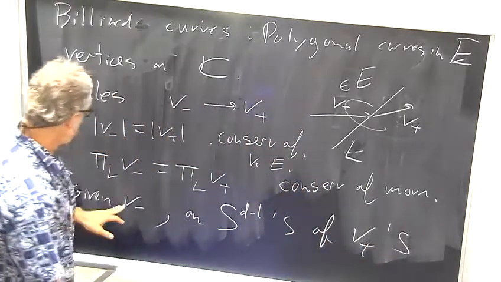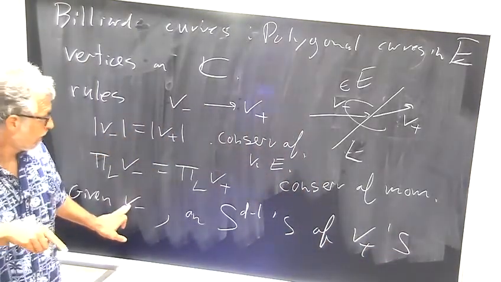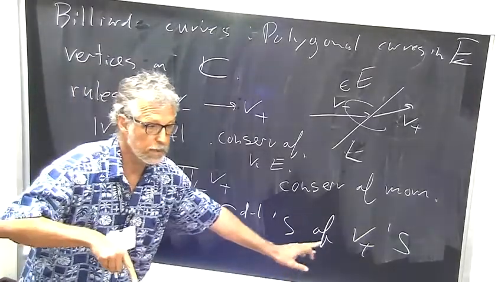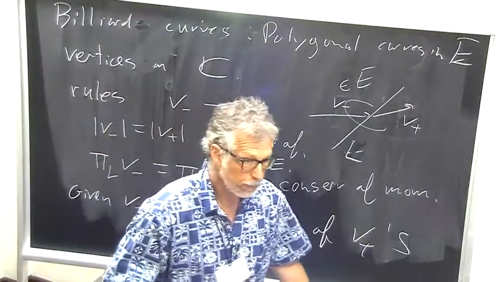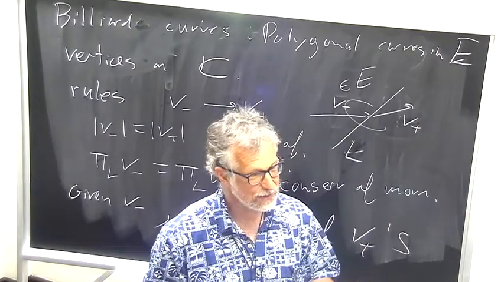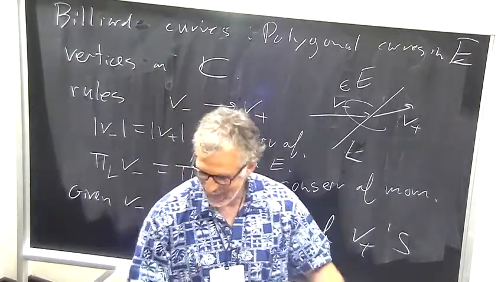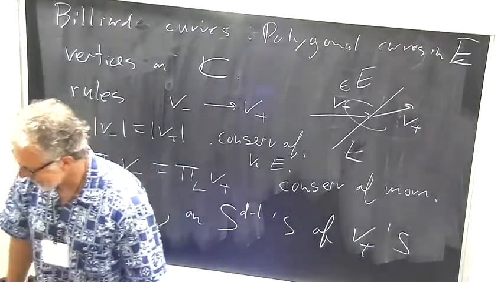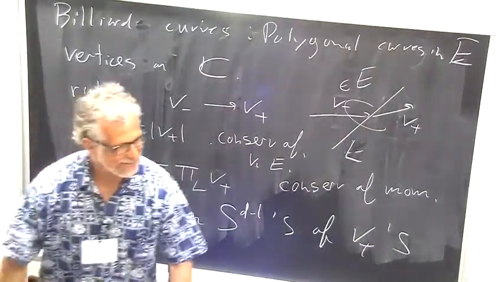So given a V minus coming in, there's a sphere worth of V pluses. This trajectory is an extremum. That's going to be a theorem, that's going to be the punchline. You got the punchline, Serge. That's good, I knew you would.